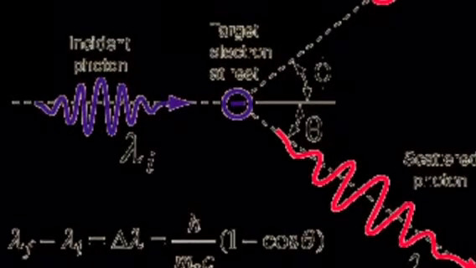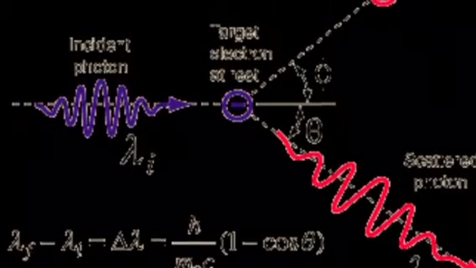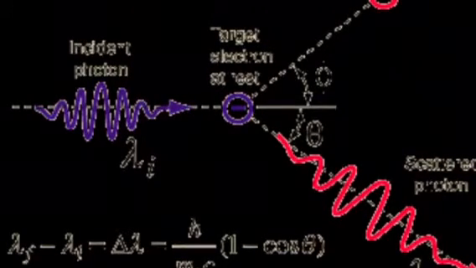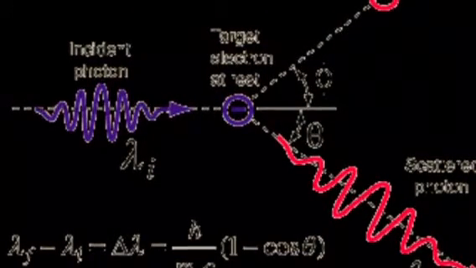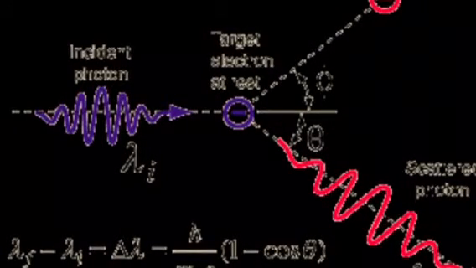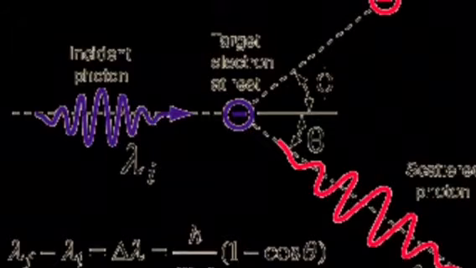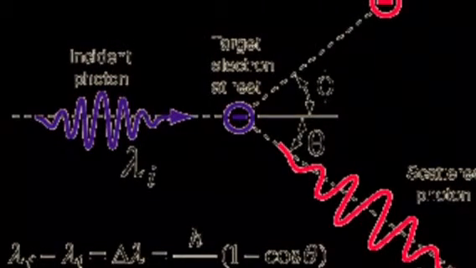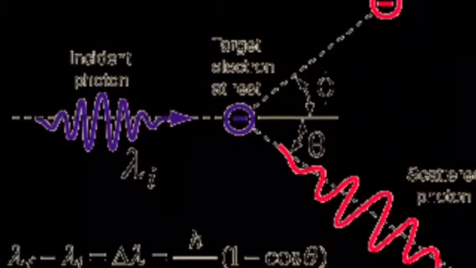Okay, so here's an illustration that I found of the Compton effect. It starts off with the incident photon, which is labeled as lambda I, or the initial wavelength. And see at the bottom, it's kind of fading away right now. We have the initial equation for the Compton effect that I explained earlier. In the illustration, the incident photon is coming in contact with the target electron at rest.